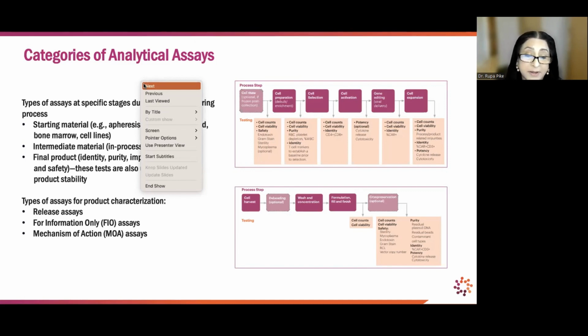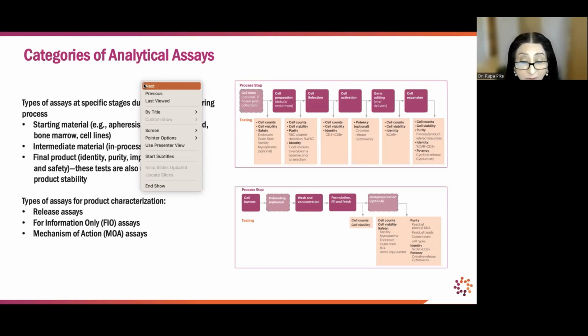The sponsors and manufacturers may decide to use assays that are under development to evaluate product characteristics or method performance capabilities. Such assays are designated as FIO or for information only assays.